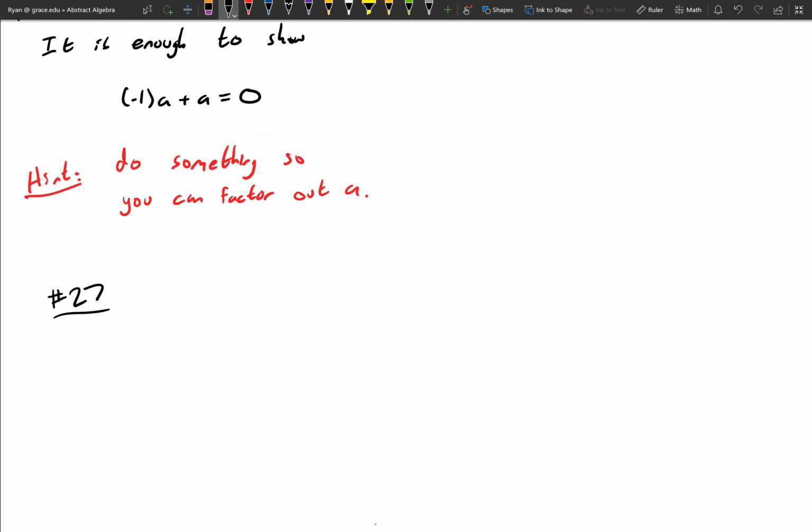You might want to name it: maybe capital N equals the set of A in the ring such that A to the n equals 0 for some natural number.